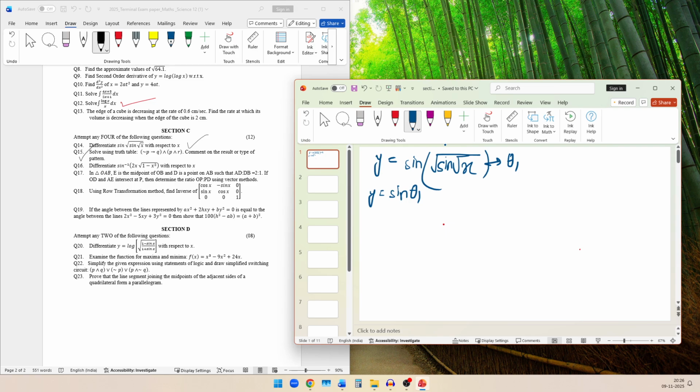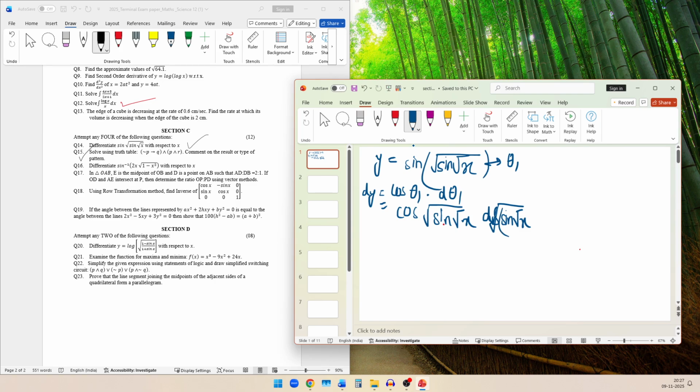The derivative of this, dy, would be cos theta 1 times d theta 1. That is equal to cos root of sine of root of x times the derivative of theta 1. Theta 1 is root of sine of root of x.